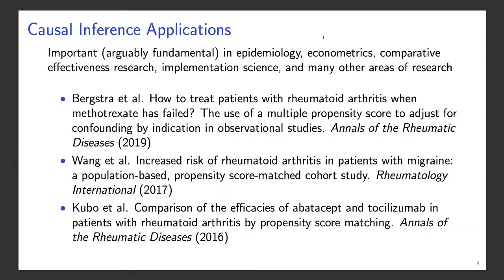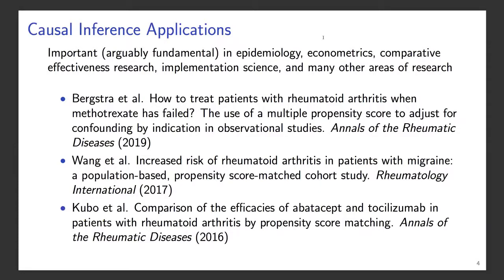I've just, on this slide, pulled a few papers from journals that maybe many of you are familiar with, given that you're in an arthritis center. All of these are using relatively modern causal inference-based methods, these three that I'm highlighting using propensity score-based methods.